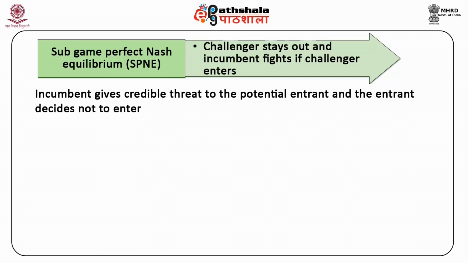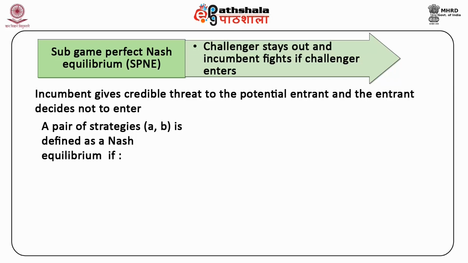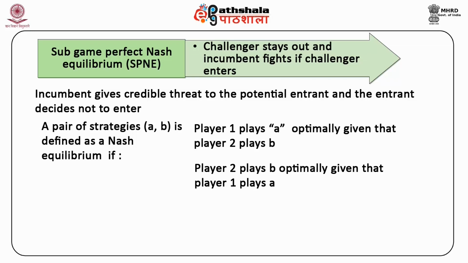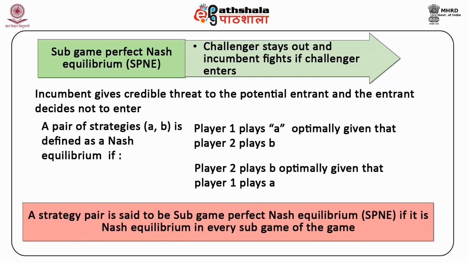A pair of strategies A and B is defined as Nash equilibrium if player 1 plays A optimally given that player 2 plays B, and player 2 plays B optimally given that player 1 plays A. A strategy pair is said to be subgame perfect Nash equilibrium, SPNE, if it is Nash equilibrium in every subgame of the game.